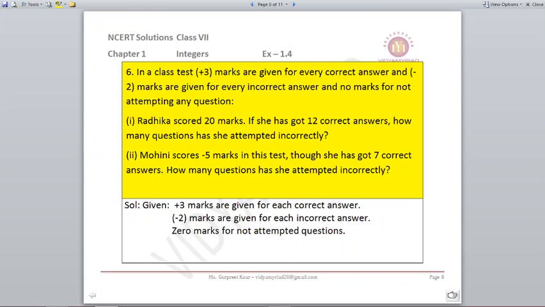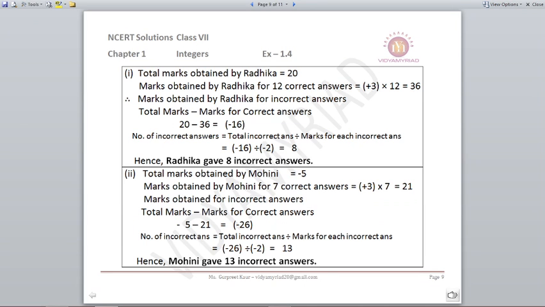Second part, Mohini scores minus 5 marks in her test. So the total marks she scores is only minus 5 and she got only 7 answers correct. So how many questions were wrong? Let us see. Total marks obtained by Mohini is minus 5. She had only 7 correct answers. So 7 multiplied by 3 is 21. Marks obtained for incorrect answers will be how much?